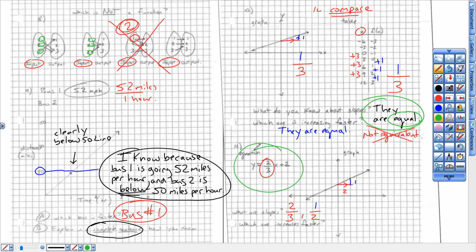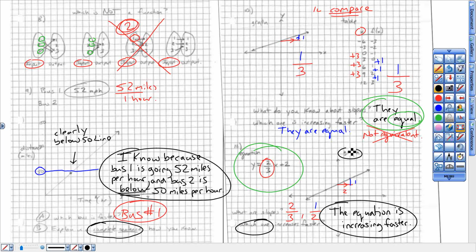Which one is increasing faster? The equation is increasing faster. Remember, this right here is the graph. This is the equation.